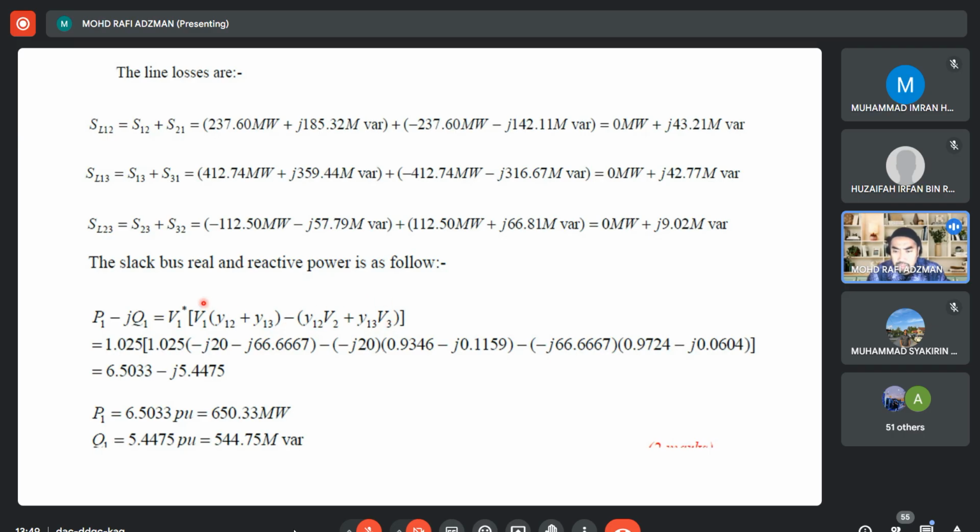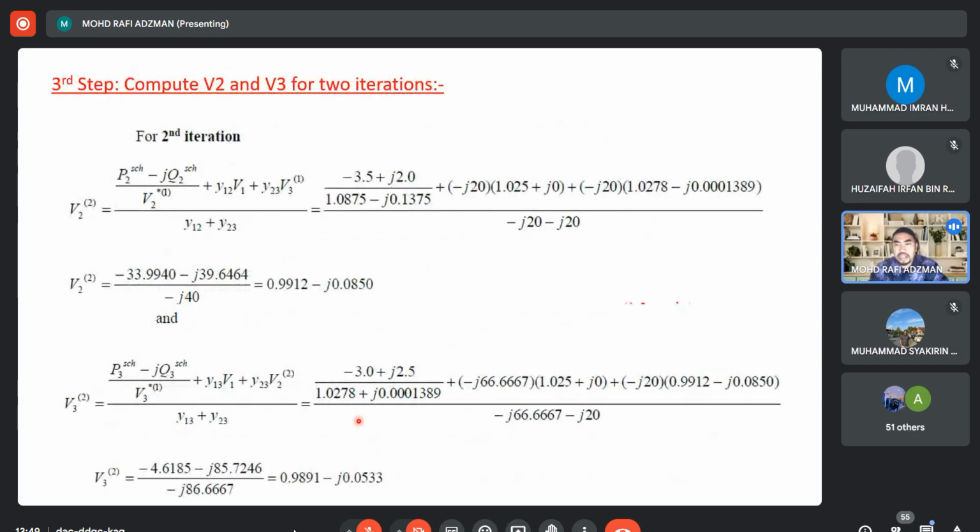Put in all the parameter values, and you find that P equals 6.5 and Q equals 5.4 approximately. This value is in per unit, so you need to convert it into the actual value. Finally, P1 equals 650.33 and Q1 equals 544.75. All right, so done for both questions A and B.